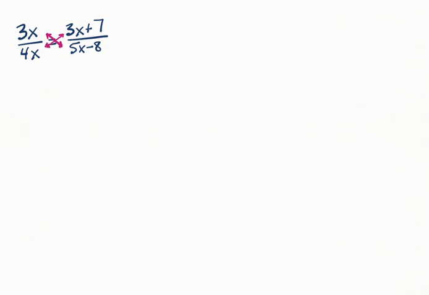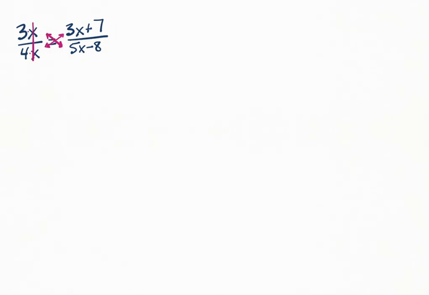So this one, 3x plus 7 over 5x minus 8, I don't see any way we can reduce that. But the first one, 3x over 4x, well, that one has common factors in the numerator and denominator. Factors meaning things multiplied together. So 3 times x, 4 times x, both times x, so we can cross the x's out. And that's going to make this a lot easier.